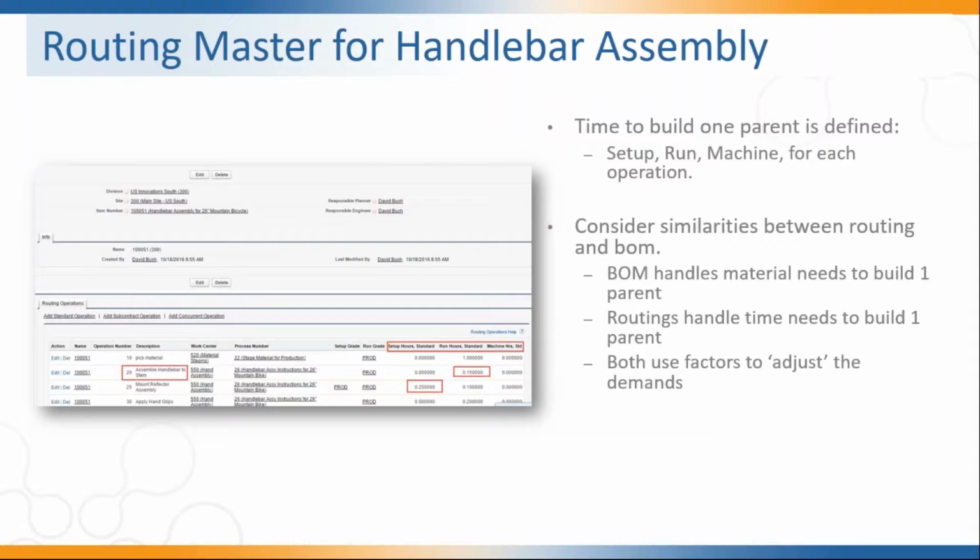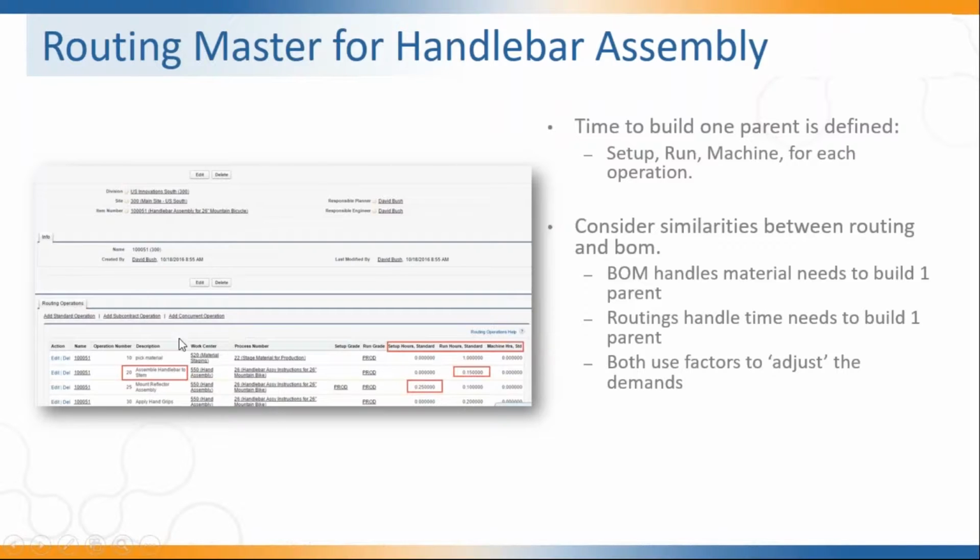And both of them, the routing and the bill of material, use factors to adjust the demands. So remember, the factors that were on the bill of material were things like scrap factor and setup quantities, things like that, whereas the factors used here are going to adjust up or down the amount of time or capacity that is actually available within any particular work center.